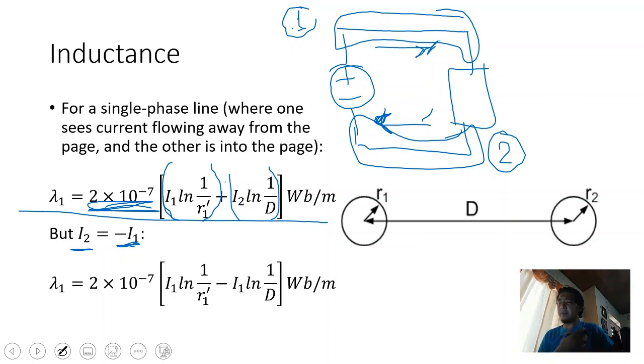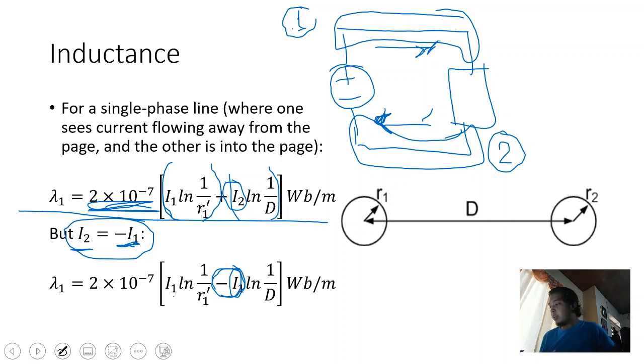In the perspective of conductor 1, current 1 is going east, current 2 is going west. Okay, so if you substitute this to I2, then you'll end up with this negative I1 here.